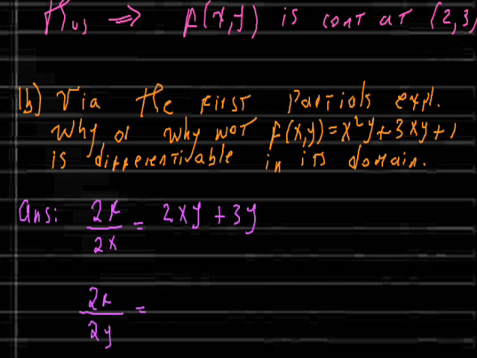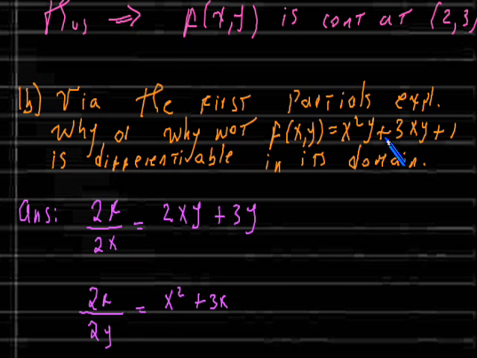It's going to be equal to x squared plus 3x, and again we get a polynomial, which is continuous throughout the plane.